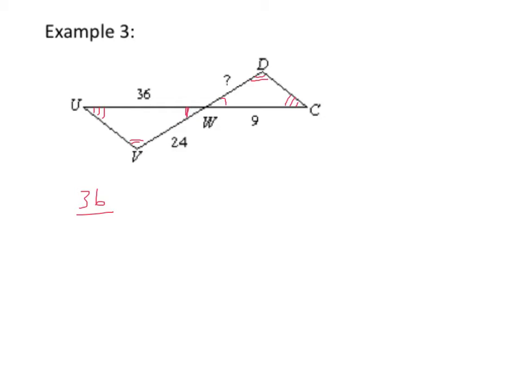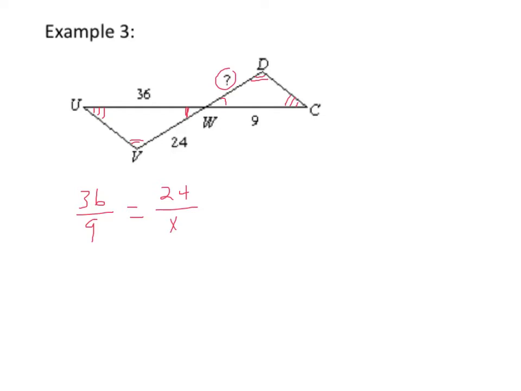So if 36 is between the angle with 1 tick mark and 3 tick marks, then the side that is between the same two equal angles would be 9. So 36 and 9 match up. 24 then matches up, is between the 1 tick mark and 2 tick marks. So the side that is between the 1 and 2 tick marks is the unknown here. So I'll put a variable. So that is properly matching it up.